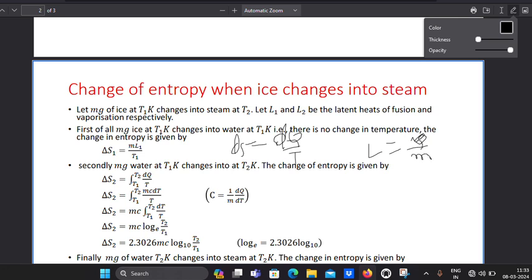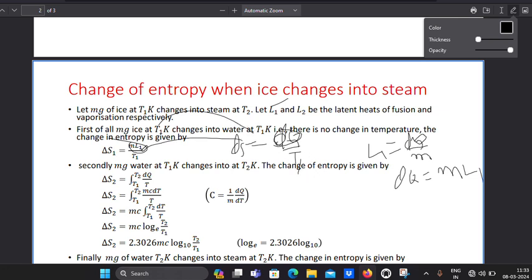But here it is not a big quantity. He took only a small quantity, that is dQ, and a mass m, with L as L1 for fusion. From this, dQ is equal to mL1. So in the place of dQ, mL1 is taken, and the temperature is the same throughout, so T1 is taken.